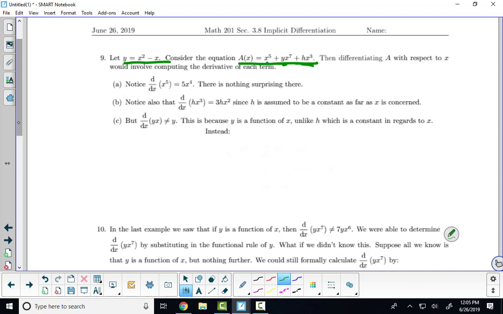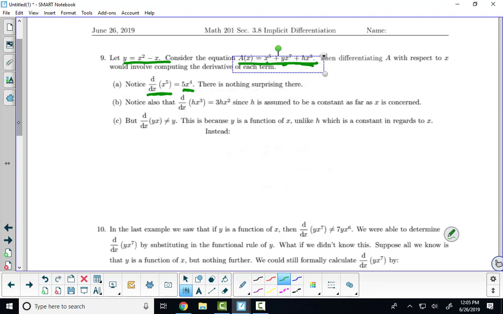Okay? If I went through to differentiate this term-wise, let's see what happens. When I take the derivative of the first term, I get 5x to the 4th. Everyone agree? Okay. When I take the derivative of the last term, I'm taking the derivative of hx cubed. What happens to that h?